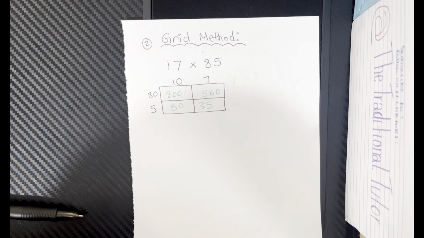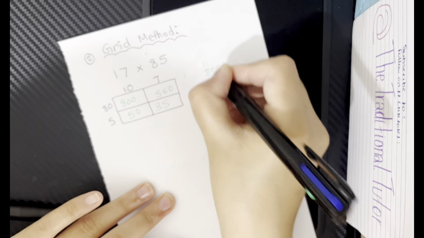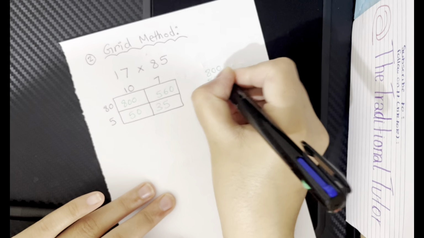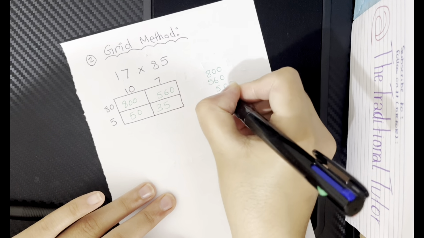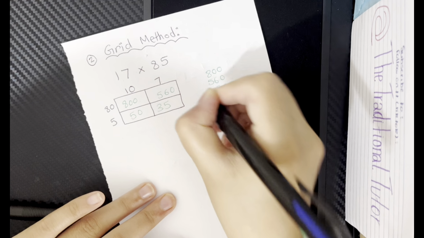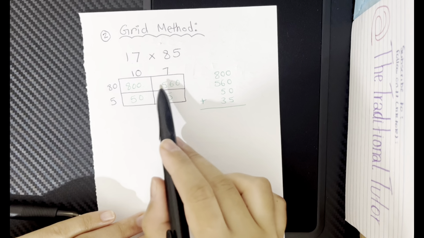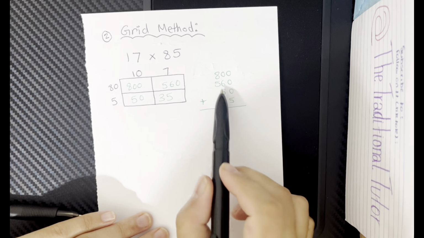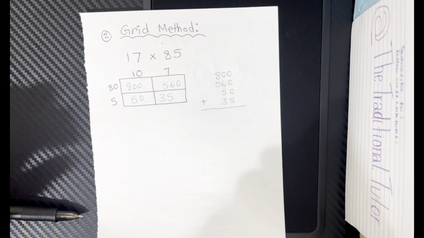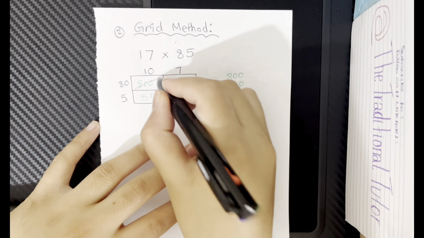And then my final step is to add them all together. Okay, so I've got 800 plus 560 plus 50 and plus my 35. The thing to be careful about here is just remembering to use all of your numbers, okay? And what might help you is if you just cross them out as you put them down here for addition, okay?